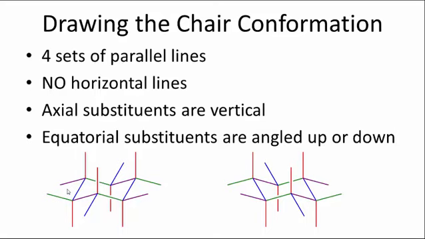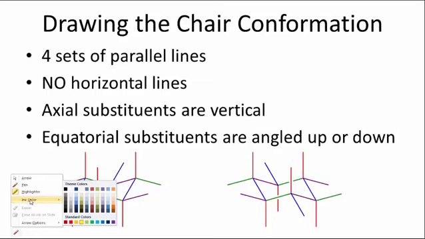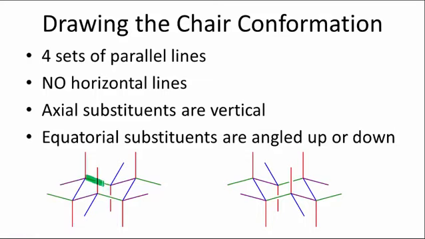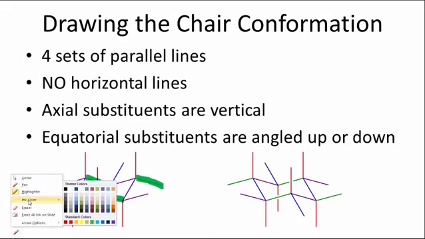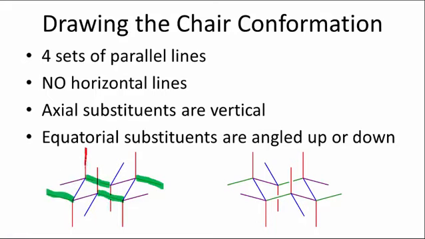At each carbon, I've got a red bond, which goes straight up or straight down. I've got a green bond, which is going at an angle here. I'll highlight them as I talk about them. So I've got the green bonds here. I've got the red bonds that go straight up and down.